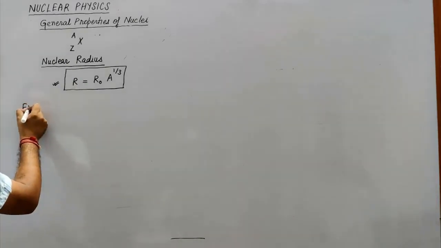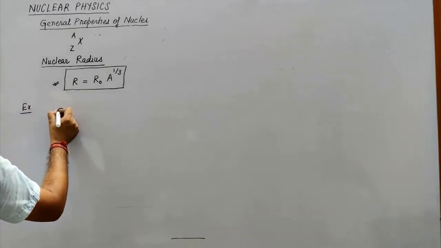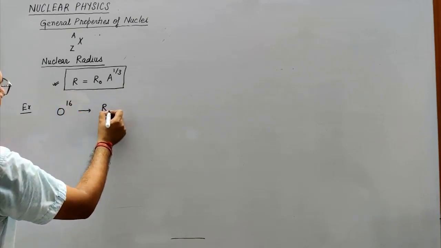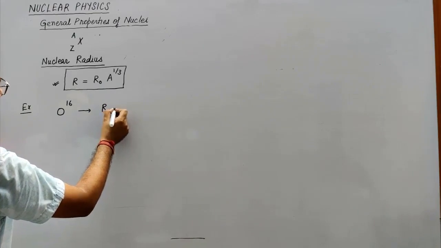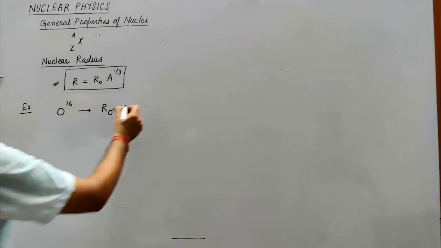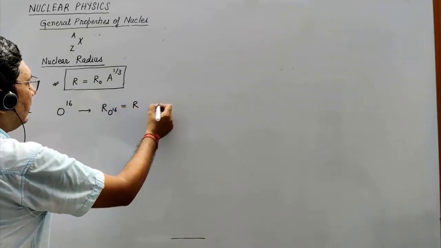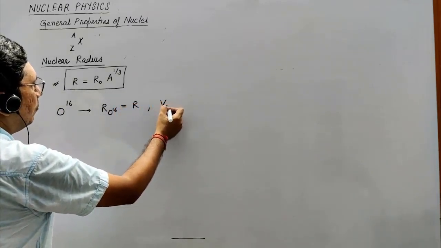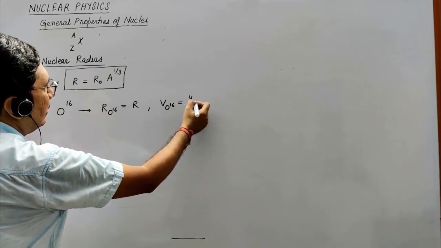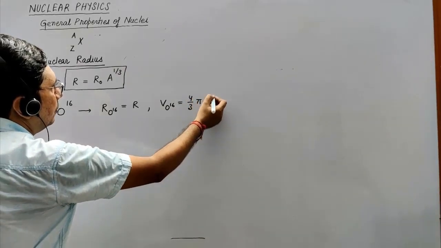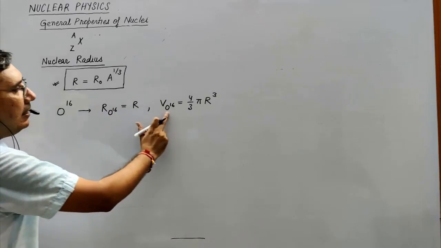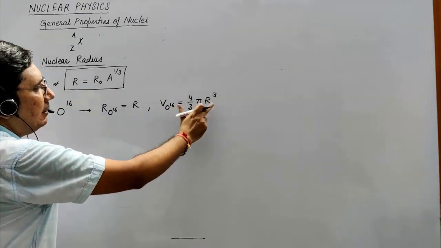Its nuclear radius is R, and its volume is given by 4 by 3 pi R cube.